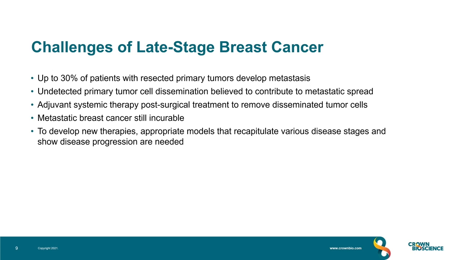Although most surgical procedures are followed by systemic therapy, these aren't always successful. Unfortunately, metastatic breast cancer is still incurable. Therefore, to develop new therapies, appropriate models that recapitulate various disease stages and show disease progression are essential.